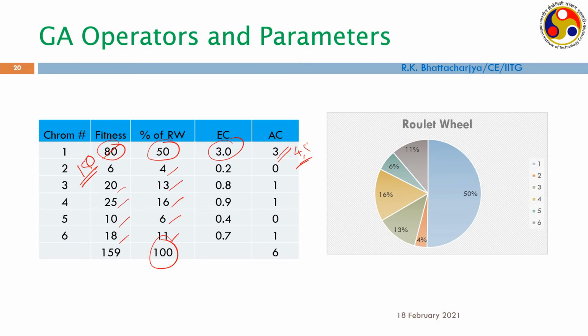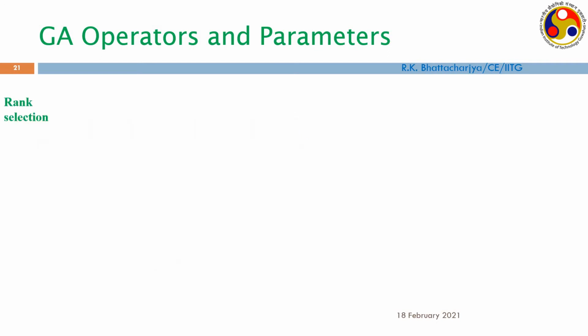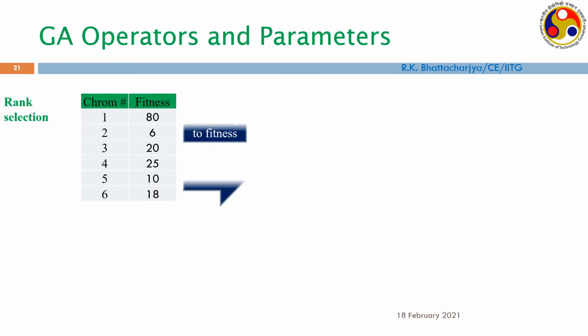So what to do, how to avoid that? Suppose you want to use proportionate selection and you want to avoid a particular solution dominating the population. What you can do is use rank selection. Let us see what rank selection is. In rank selection, I will sort the data.